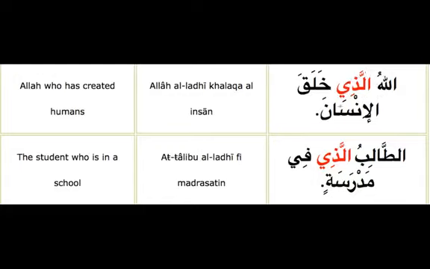But if you see here, allazi is ism mawsul, just connected to Allahu, who, and then we got khalaq al insana coming as a silatul mawsul, just describing that, who created insan, humans. Allah who created man.